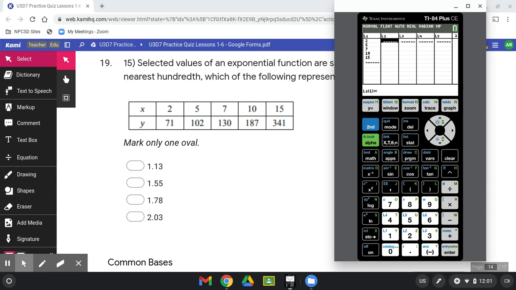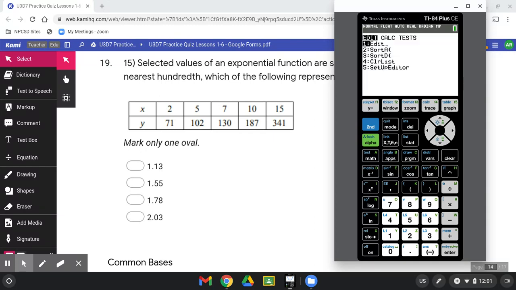And then my Y values: 71, 102, 130, 187, and 341.